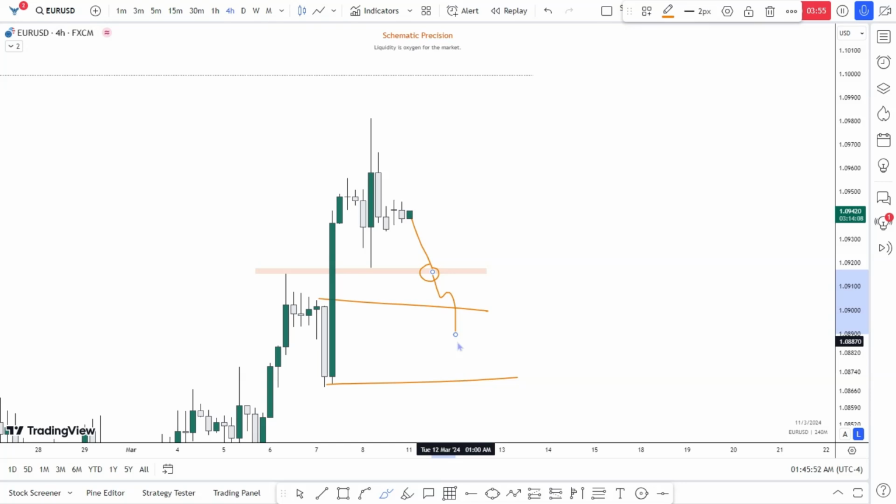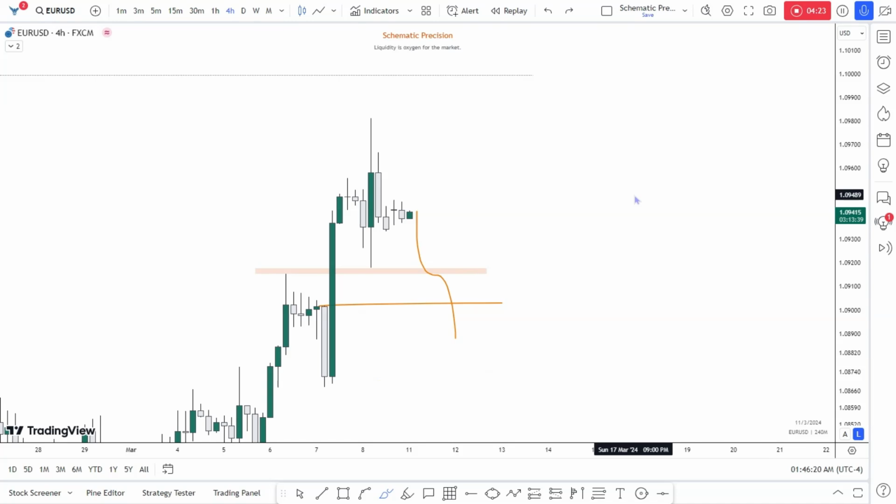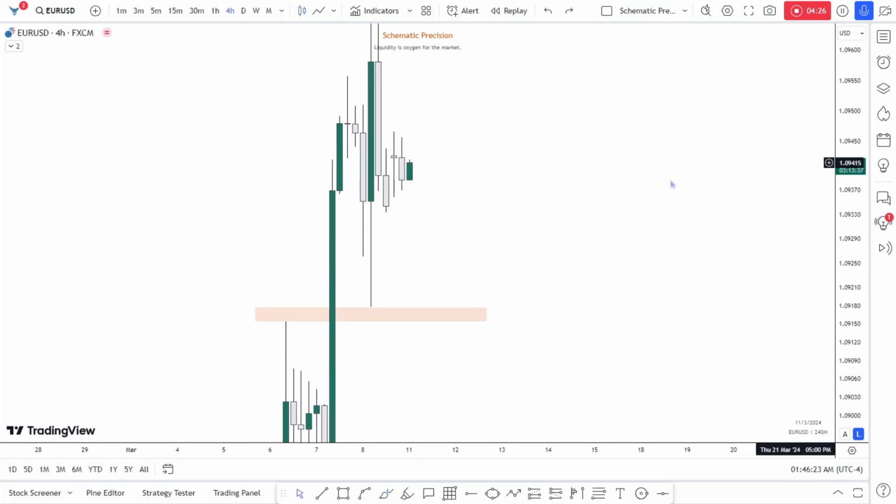If it wants to give some excessive move in the wrong direction, it will give around 20, 25 pips stop run, then it will turn around. So that's what I'm expecting, price to come down in this order flow, then continue higher for this target, and this is 1.10, right? So mark this out. I'm expecting this week to reach this price point at least, if not higher.